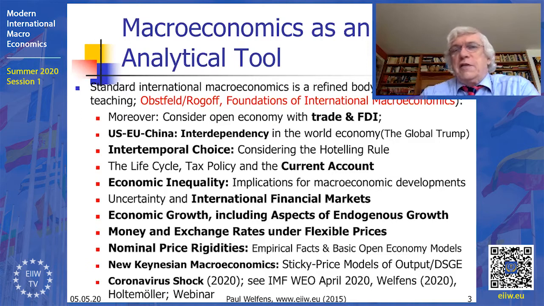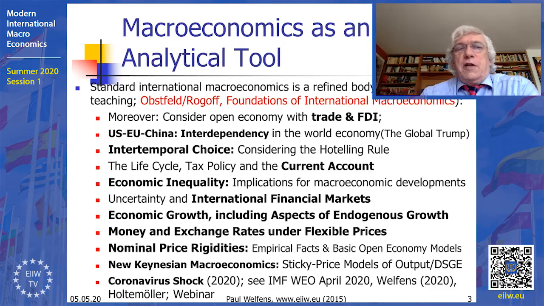I would argue that there is actually not a single textbook which covers foreign direct investment in an adequate way. If we have foreign direct investment, we have to make a distinction between gross domestic product and gross national income. I will come back to this distinction and its relevance later.